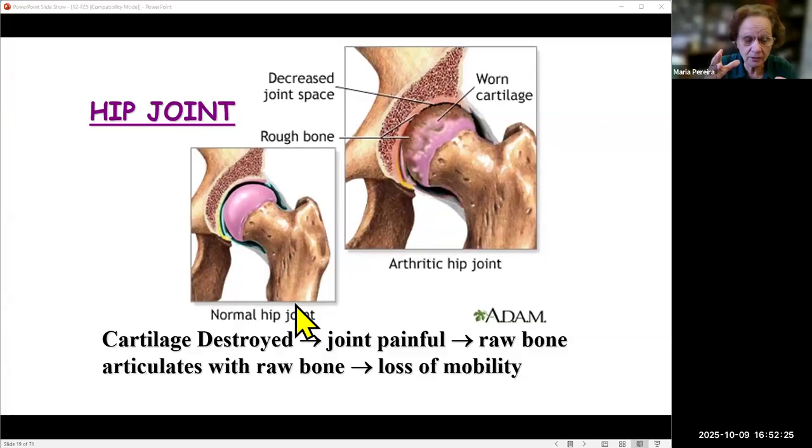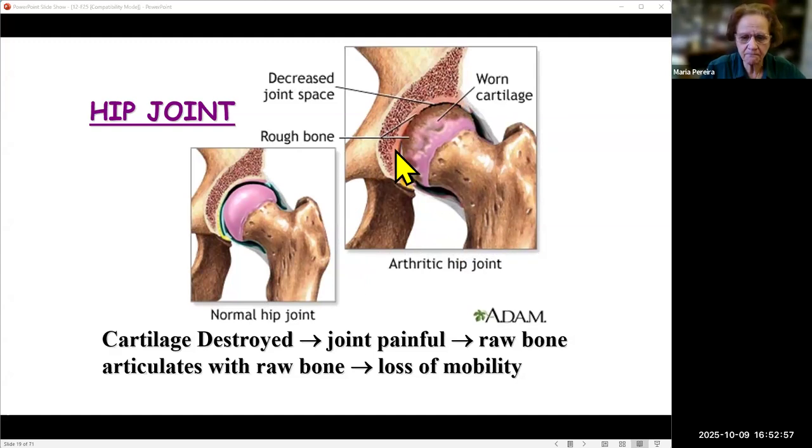Their bones are not properly aligned naturally, and there's going to be a lot of wear and tear. So what you can see here, the head of the femur, the articular cartilage is completely gone. And you can imagine, sometimes you cannot even move when you're asleep because the pain is so intense. So the raw bones articulate with each other.